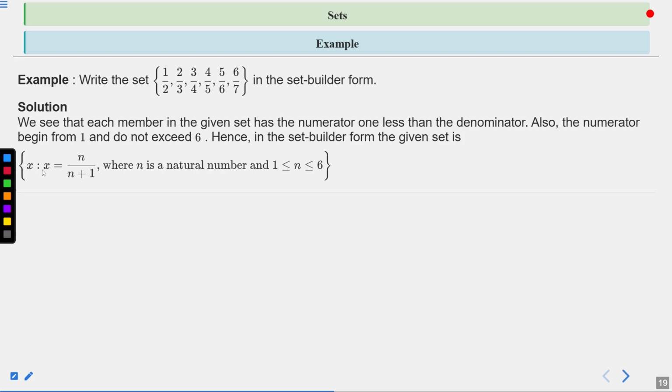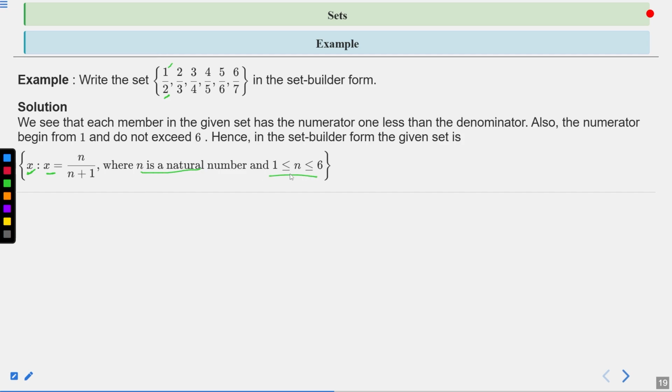So very simple. Collection of all x such that x is of the form x equals n by n plus 1. As you can see, if this is your n, then this will be your n plus 1. Then n must be a natural number. Clear?